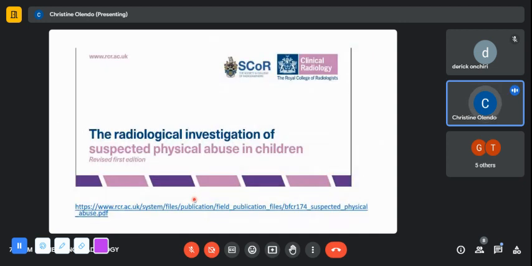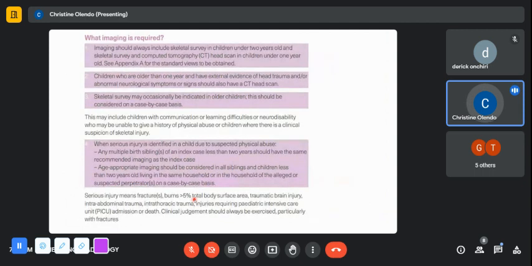So for this one, these are recommendations by the Royal College of Radiologists, the radiological investigation of suspected physical abuse. This was a revised first edition, done in the year 2018. I'll just go through some of what is required from us as radiologists and what we should also expect from the physicians.